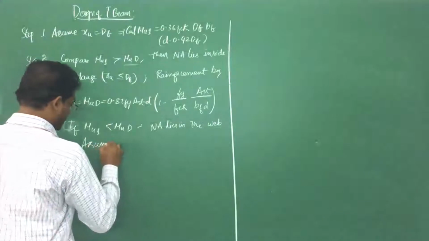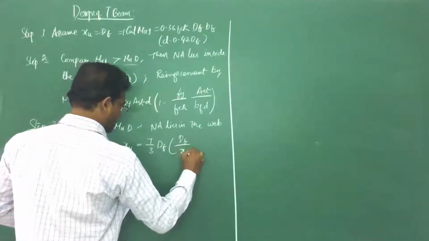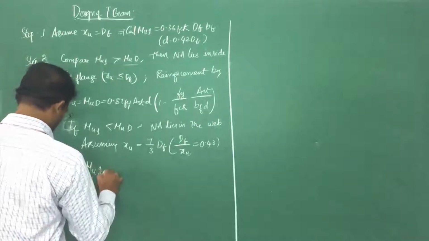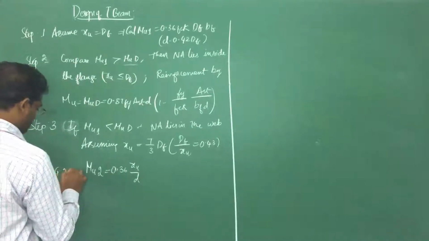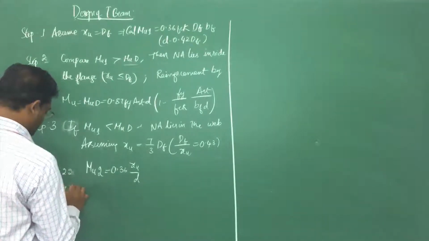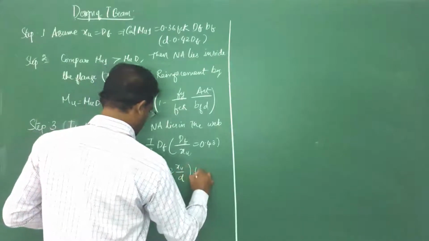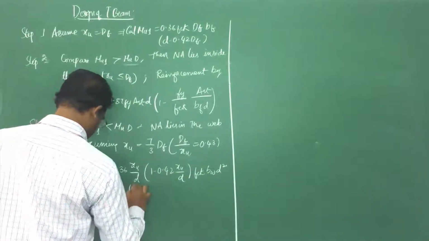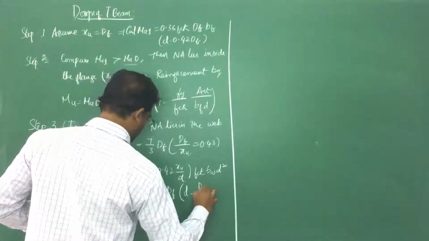As we will assume for our calculation that Xu is exactly equal to 7/3 Df, which is Df by Xu within the rectangular portion, then this should be able to give you the moment of resistance, which is given in clause number G2.2, where Xu max is replaced with Xu: (1 minus 0.42 Xu by d) into fck bw d square plus 0.45 fck (bf minus bw) Df into (d minus Df by 2).